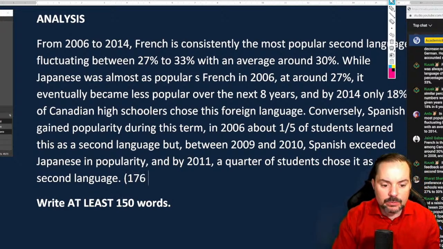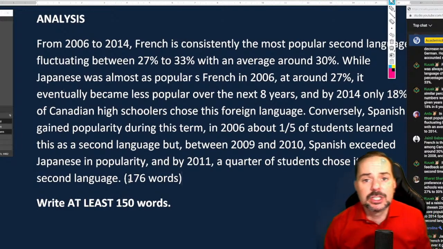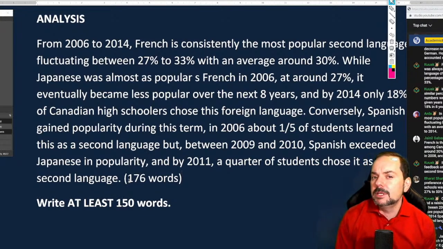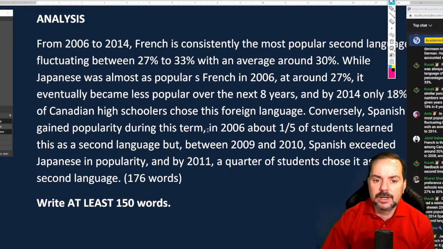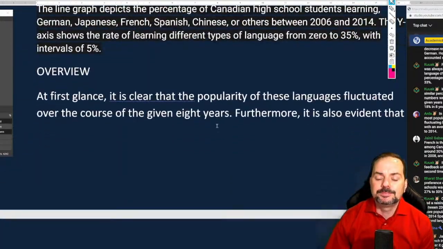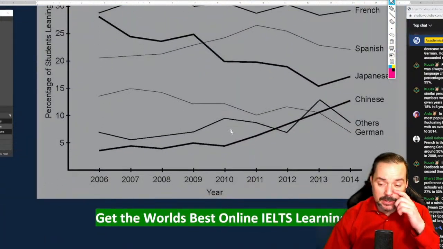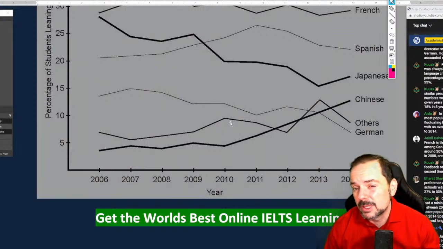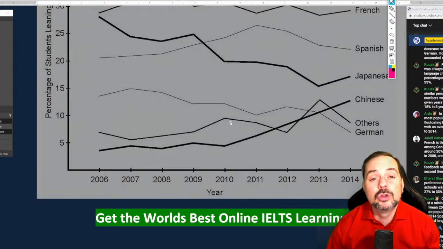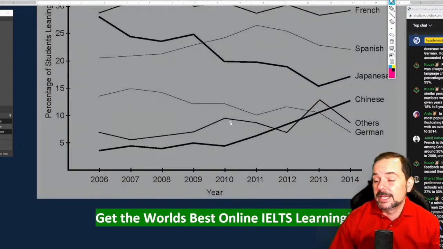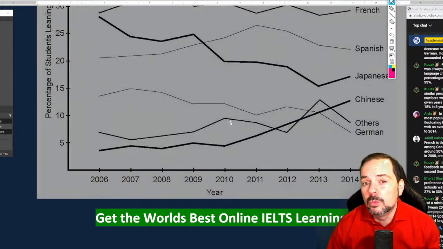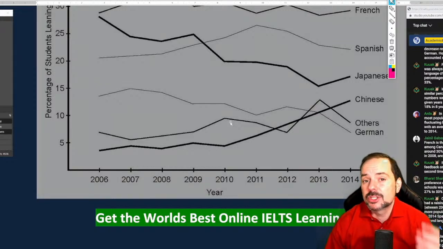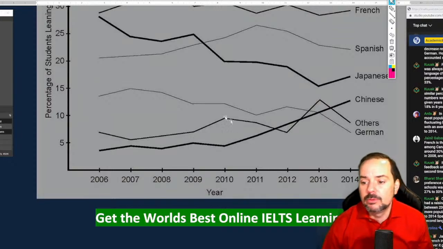So I'm already at word count, right? And I haven't really even touched Chinese, German, and other languages, and I haven't even touched the summary. So I have to be careful, especially if I'm running out of time. So here, when I'm looking at this and I'm like, okay, well, if I write about Chinese, German, and others separately, I'm really going to run out of time. I don't want to take time away from my task 2, but I do want to have a complete essay, so I can't just ignore these 3 data points.